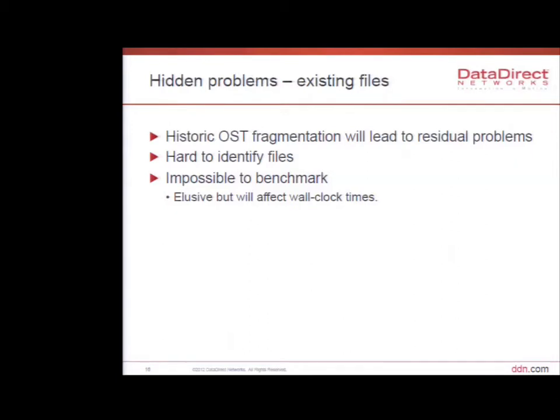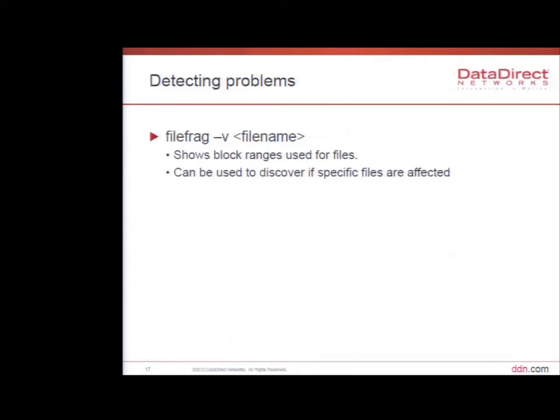We actually have found a few instances of this, but it's not easy to do. It's certainly impossible to benchmark, but I guarantee it's there, and I guarantee it's causing problems even though you can't actually see them directly.